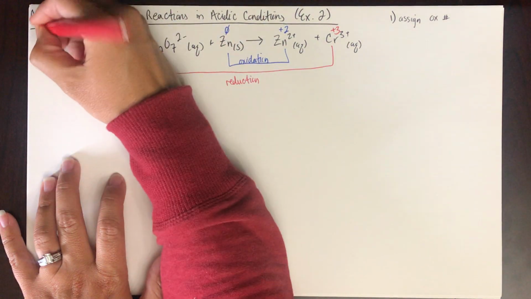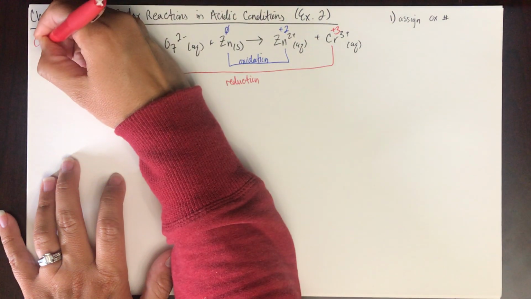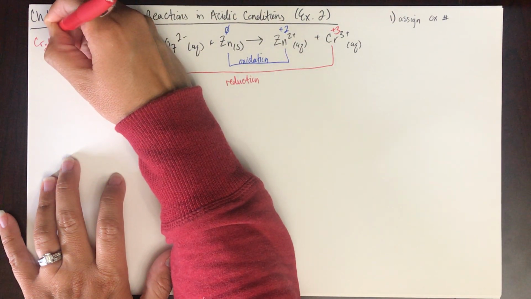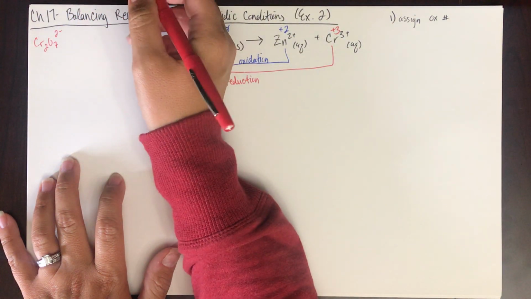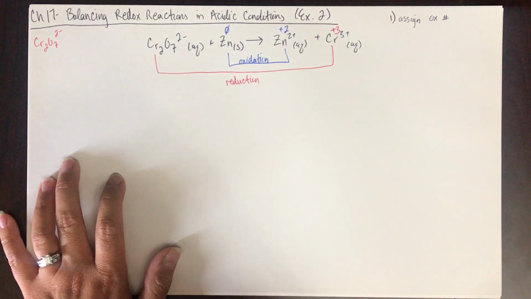So again, I'm just going to write this over here: Cr2O7, which has an overall charge of 2 minus. Oxygen we know has a charge of -2.